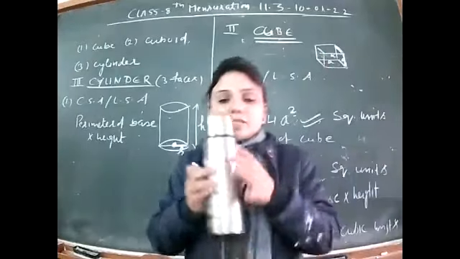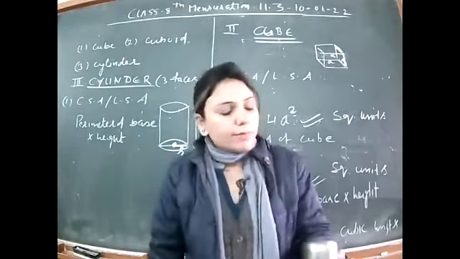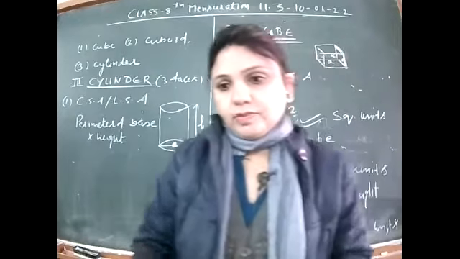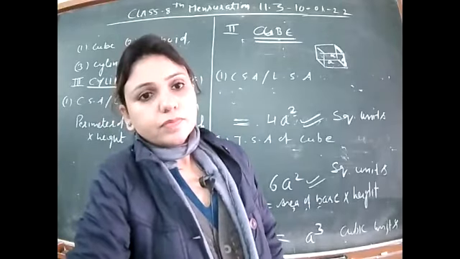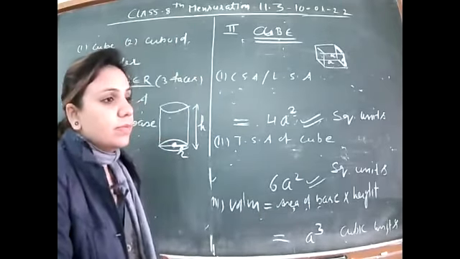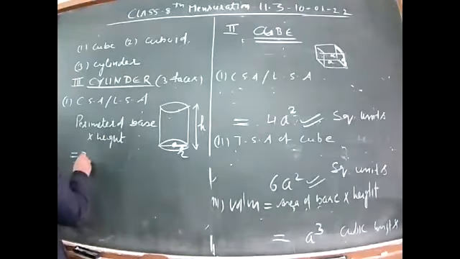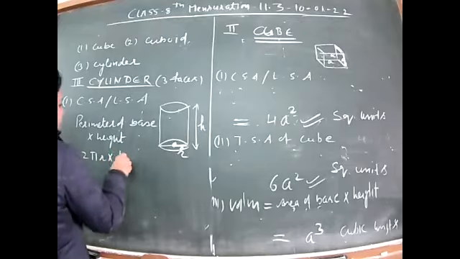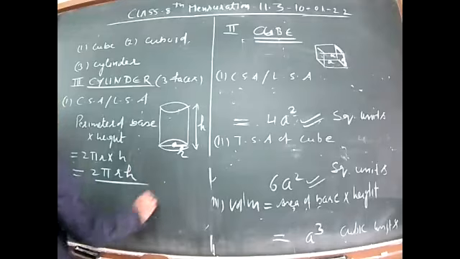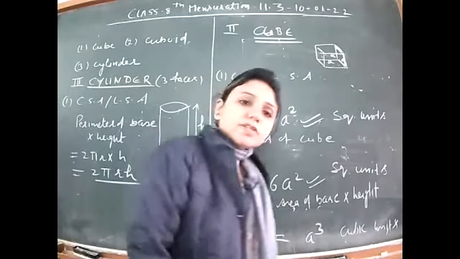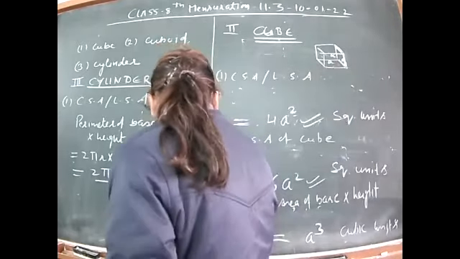So perimeter of the base: if this is a circle with radius R, what will be the perimeter of the base? 2 pi r will be the perimeter of the base. Very good. And the height of the cylinder I am taking to be h. So the formula becomes 2 pi rh. This is the formula for the curved surface area of the cylinder, that is 2 pi rh.